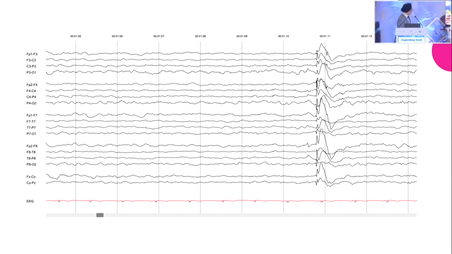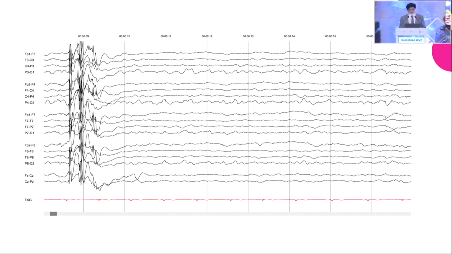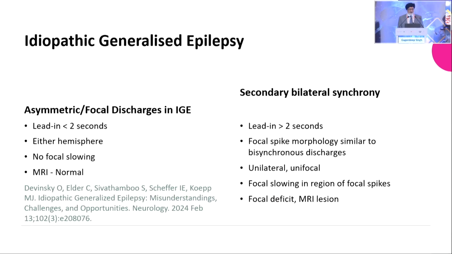Another few pages later, you have a generalized spike and wave discharge, right? And here's another page, very typical generalized spike and wave, right? So in idiopathic generalized epilepsy, you can frequently get these kinds of focal discharges.